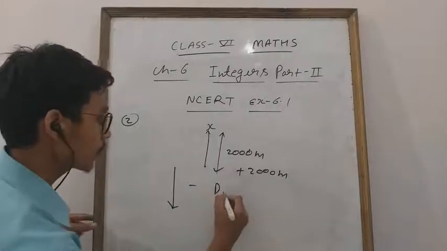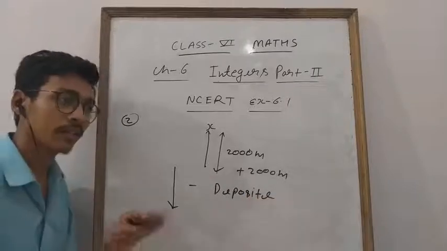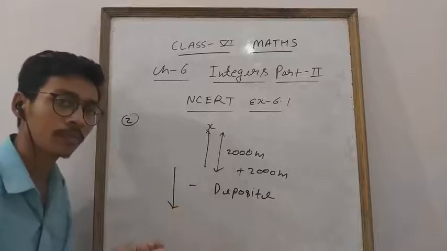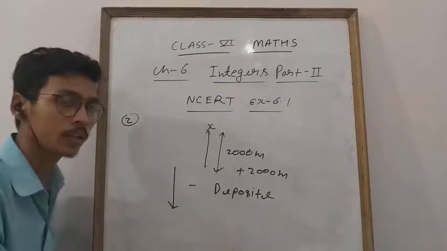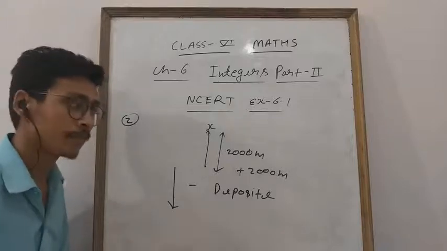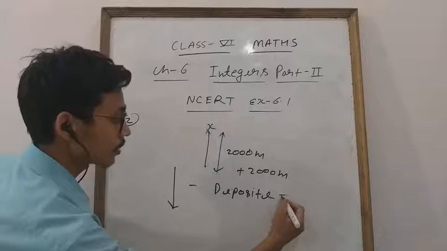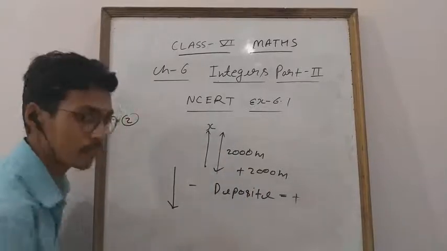Next is given a deposit of rupees 200. One term, student, you know: deposit. Deposit means when you go to the bank, maybe you have heard your father saying I am going to deposit 500 rupees in the bank. So deposit means you have to submit, and deposit means you use the plus sign.